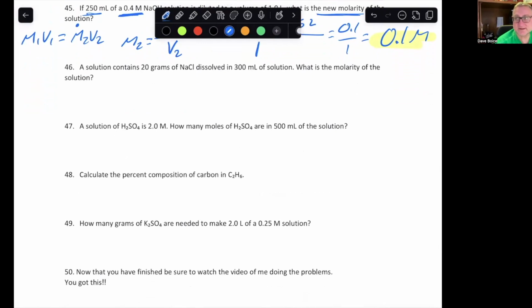46. A solution contains 20 grams of NaCl dissolved in 300 milliliters of solution. What is the molarity? Okay, so molarity equals moles over liter. No need to rewrite this whole thing, but I do need to convert 20 grams to moles.